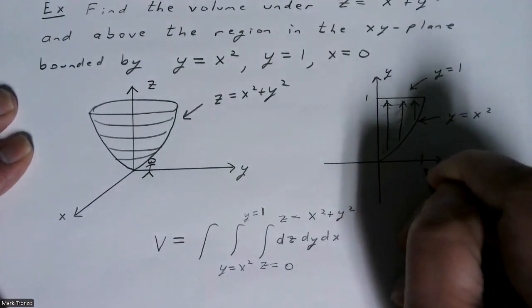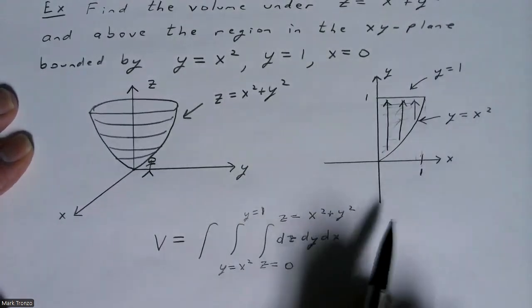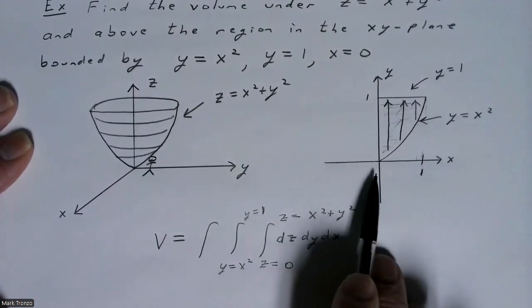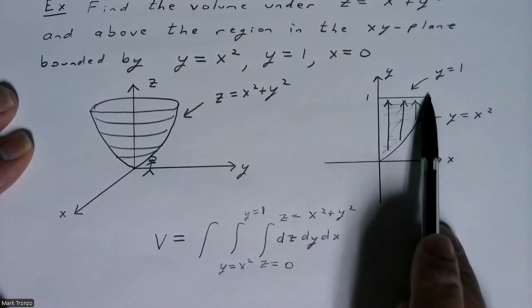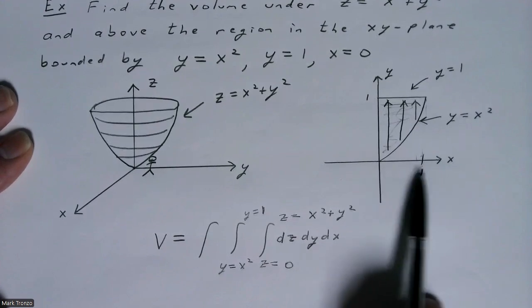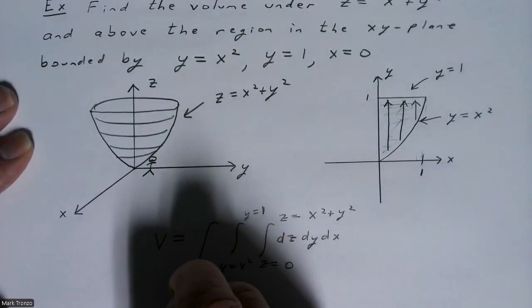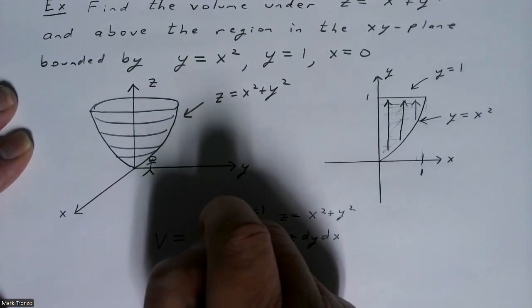So the values for x are going to go from 0 to 1. Mainly, you're just focusing on what values of x are covered by this region, it's x equals 0 to x equals 1.